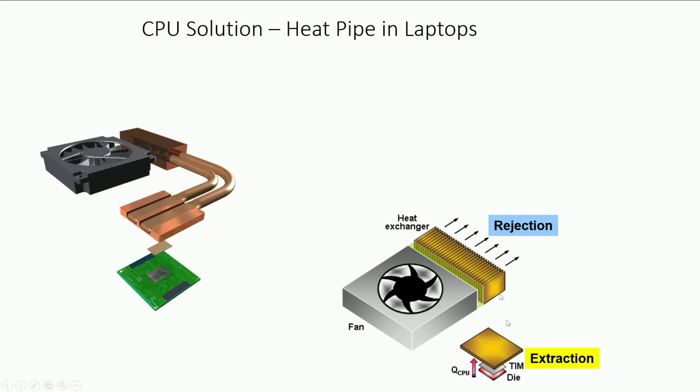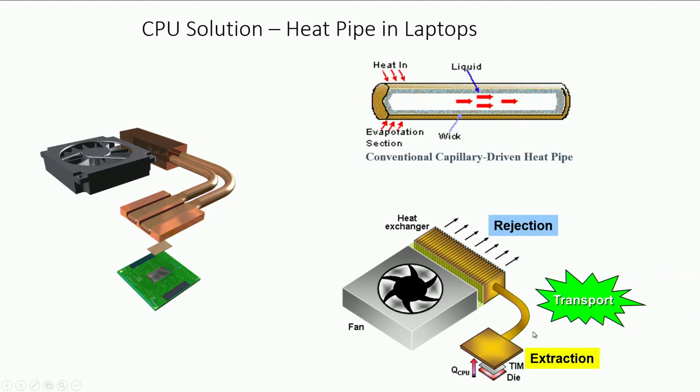So, therefore, we take it on the side at one end near the exhaust vent and put this fan and heat sink. This is where the heat is rejected, this is where the heat is extracted from the CPU, and they are not at the same location. So, the heat pipe is given as a means of transport, again what I was talking about, from an inconvenient to a convenient location.